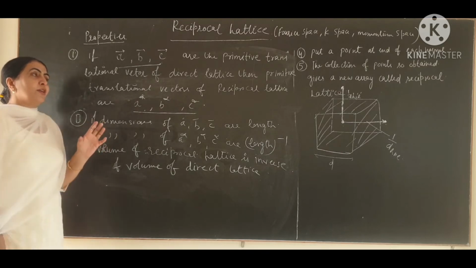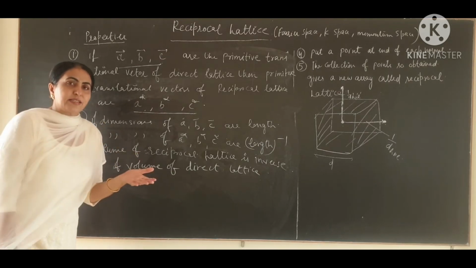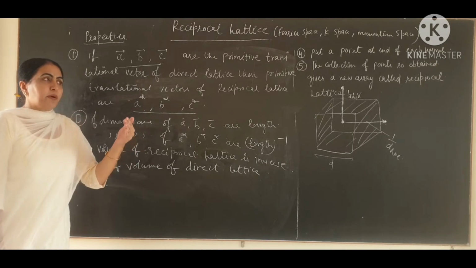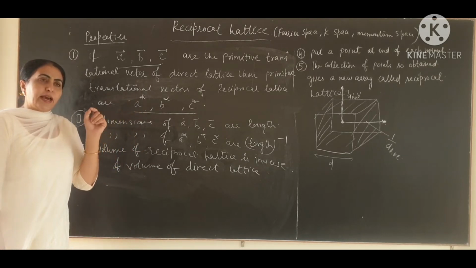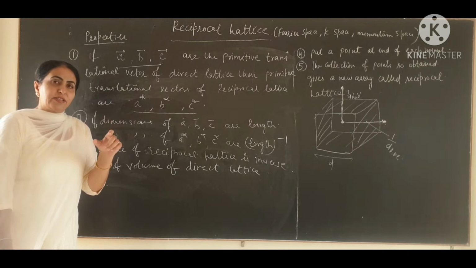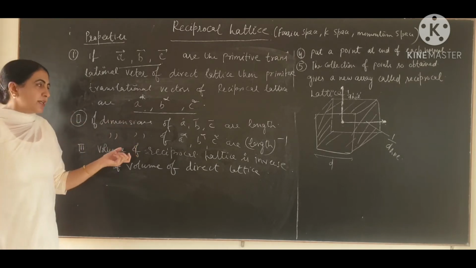Fourth property, now the reciprocal lattice vector. For example, we have the translational vector, that is n1a, n2b, n3c. Same here, we have a reciprocal lattice vector also.